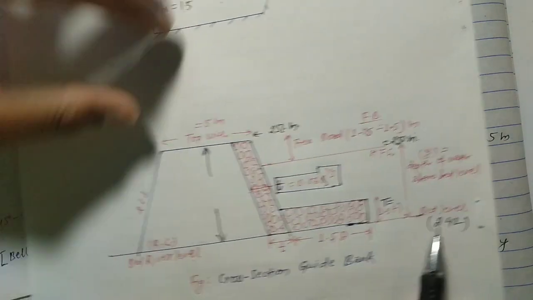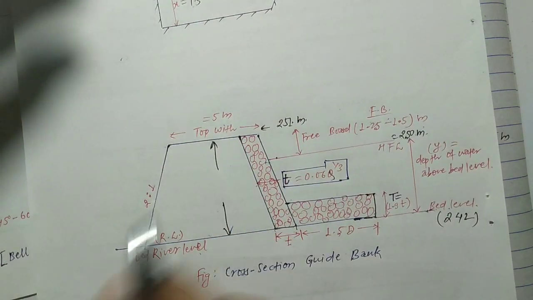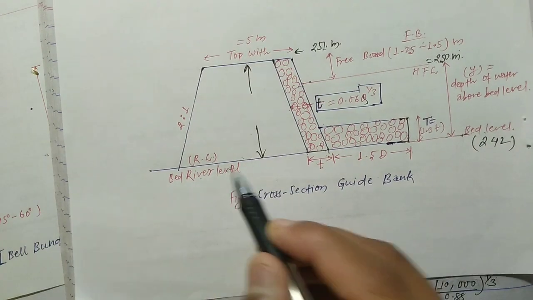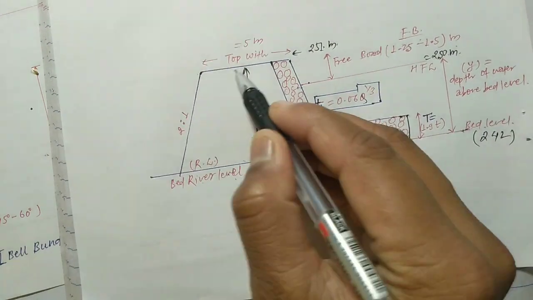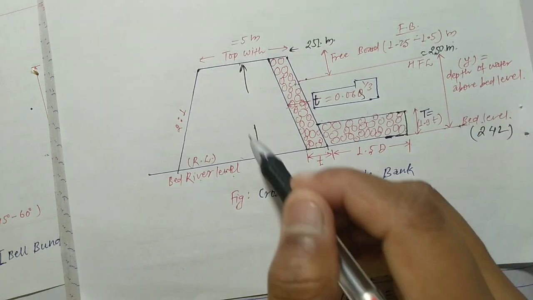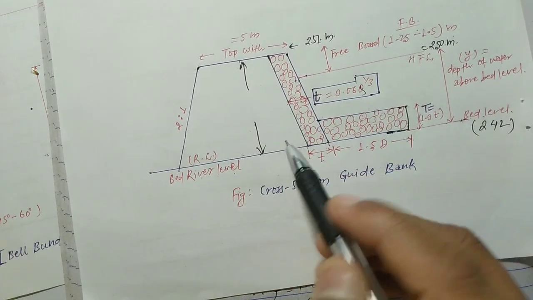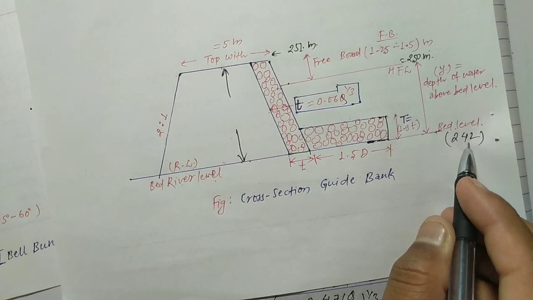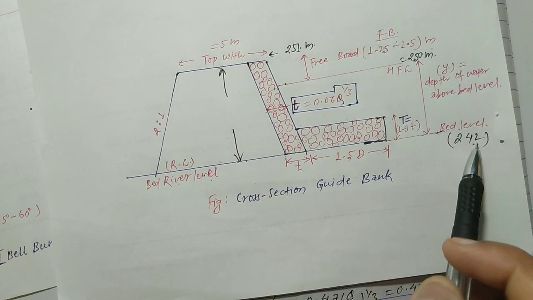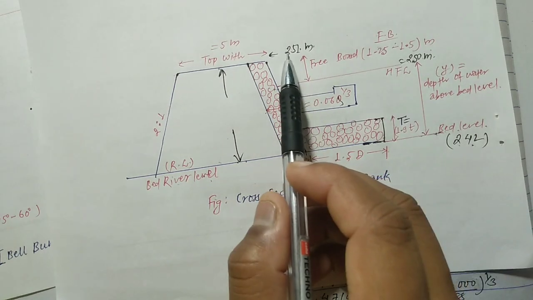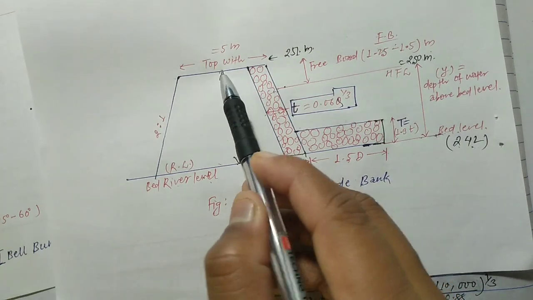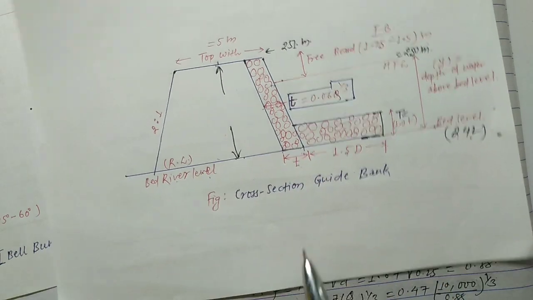Okay, now we have to calculate this value, the height of the bank above the river bed, the height from here to here. For this we can simply subtract this 242 from this value, 251 minus 242, then we get the distance from this point to this point.